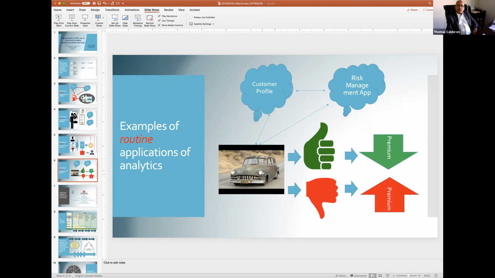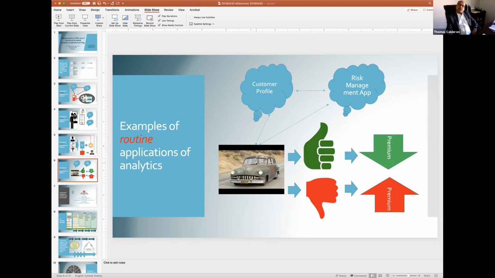Based on that data, which is being picked up at source, the insurance company may say, wait, this individual is a good driver. He's a better driver than the driver that we expected him to be. As a result, we are going to lower his premium.